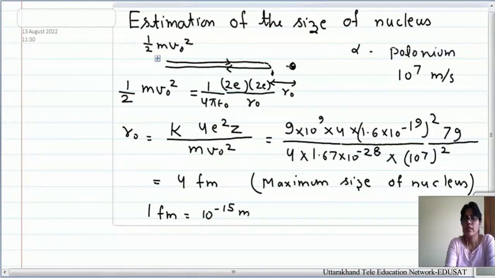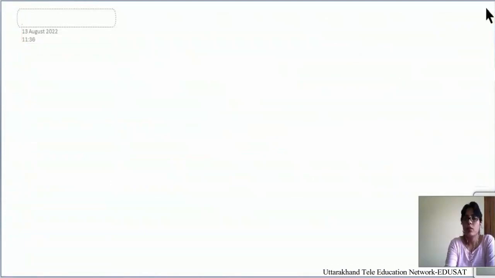Now let us see what properties of the atom we can explain using the Rutherford model, and what other properties could not be explained by the Rutherford model. So let us write the success of Rutherford model.